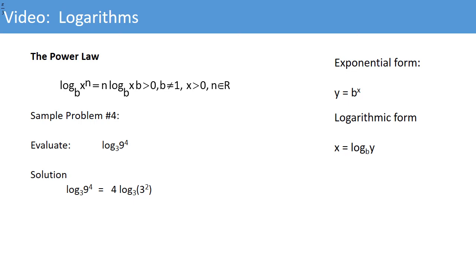You're left with the logarithm of 9 to the base 3, but 9 can be broken down into 3 squared. If we take a look at the expression, we would know that log base 3 of 3 squared is going to equal 2, so we get an answer of 8.